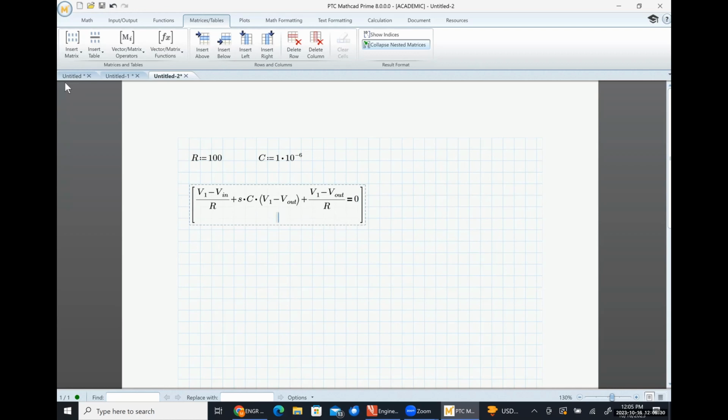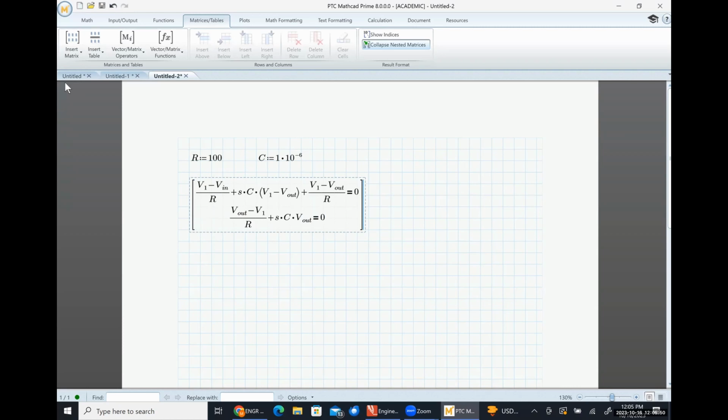And our second equation will have V out minus V1 divided by R plus, sorry, lowercase s times uppercase C times V out is equal to 0.